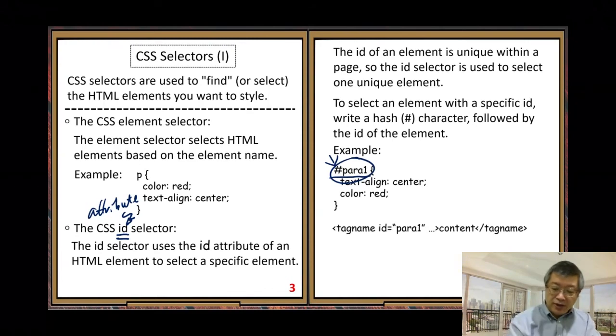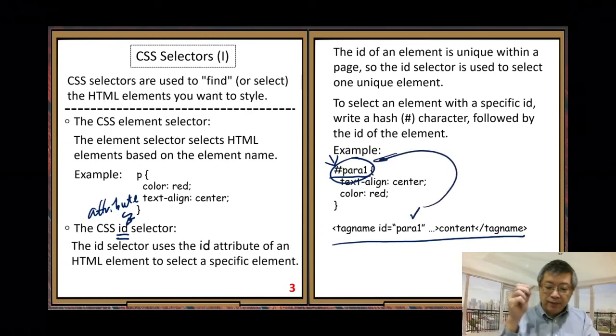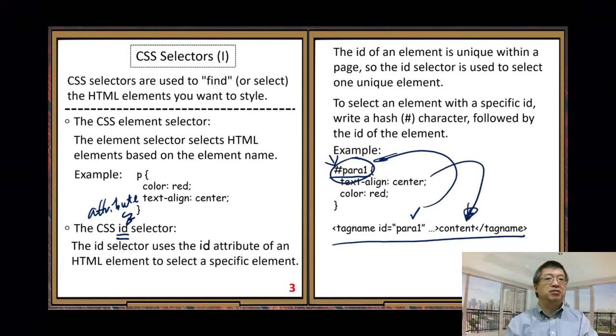So here, this is the element with the ID value, so the rule is applied onto this element. That simple.